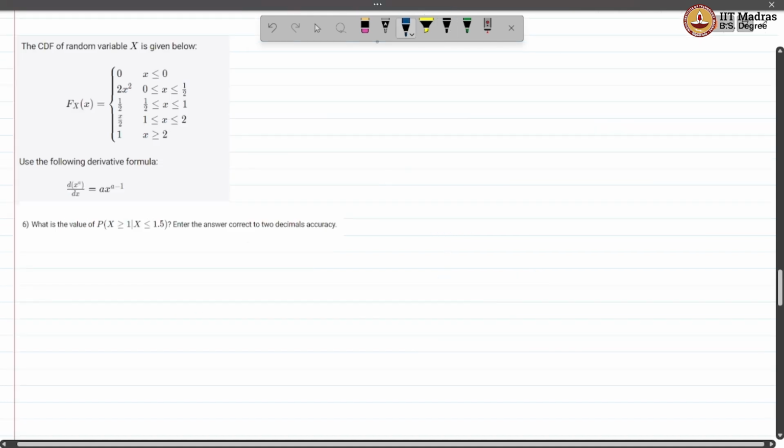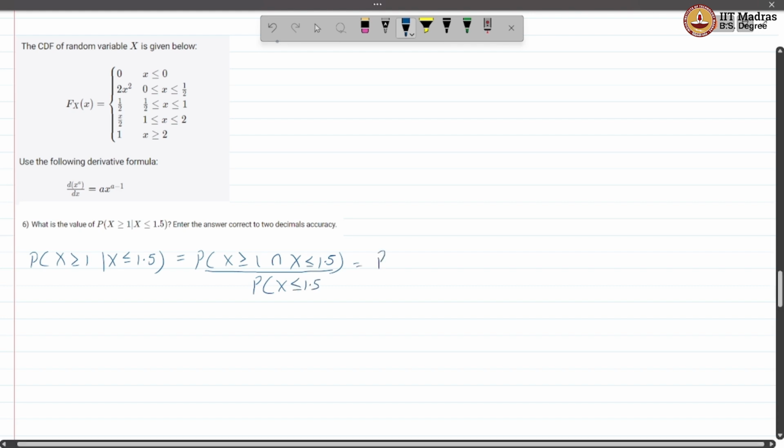And question number 6, we have to find the probability that x is greater than equal to 1 given x is less than equal to 1.5. So this will be equal to, on using the definition of conditional probability, probability that x is greater than equal to 1 intersection x is less than equal to 1.5 divided by probability that x is less than equal to 1.5.